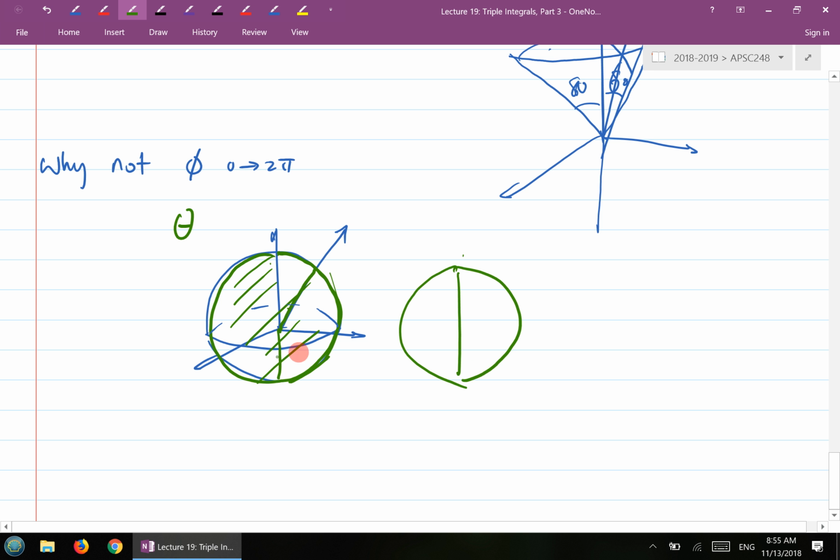You're trying to scan through this without redundancy. If I only have half of this and rotate 0 to 2 pi, 360 degrees, I scan through this region uniquely, without any redundancy. But if I have another half added here and do the same 360-degree rotation, then we're basically creating the same region twice.